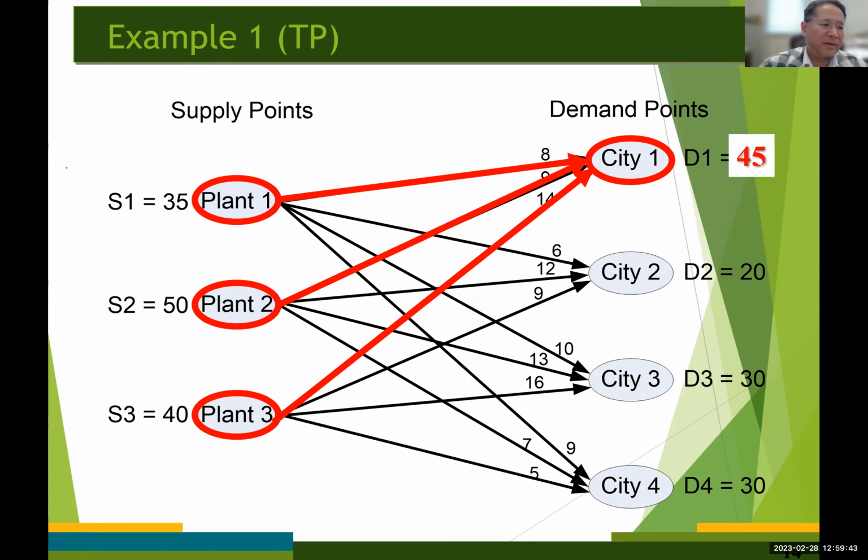City number 1, for example, must receive at least 45 million kilowatts. So we have a right-hand side value of 45, but the left-hand side must be greater than or equal to this amount.